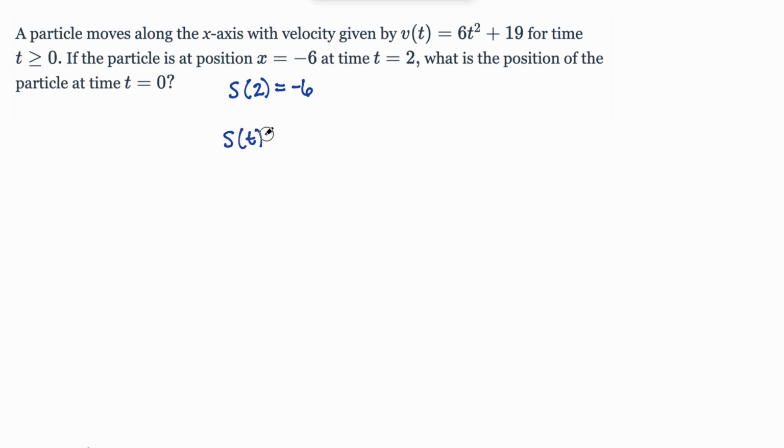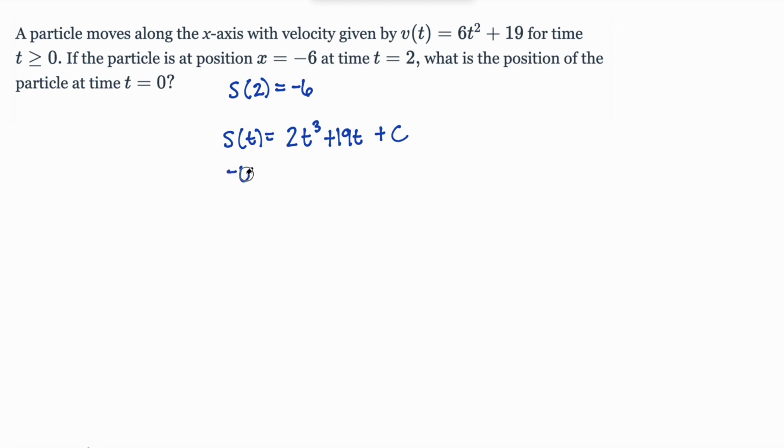So the original function, if this was 6t squared, that means the original function is a t cubed. And now I got to figure out, what should this number be? 3 times what number gave me 6? And the answer is 2. And then plus 19 means it's going to be plus 19t. And then don't forget the c. And now we're going to plug in this.